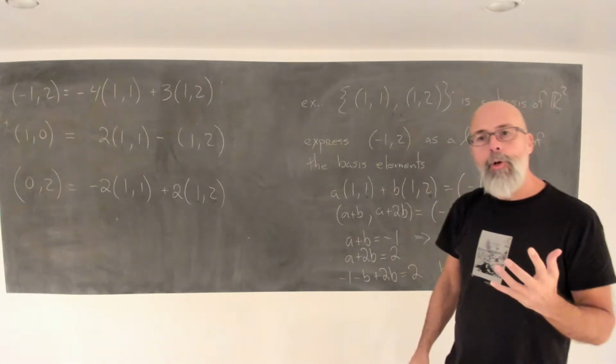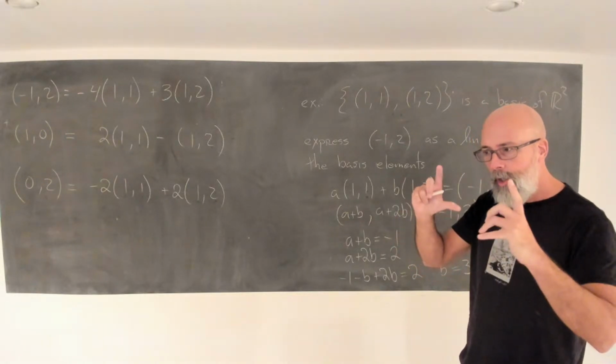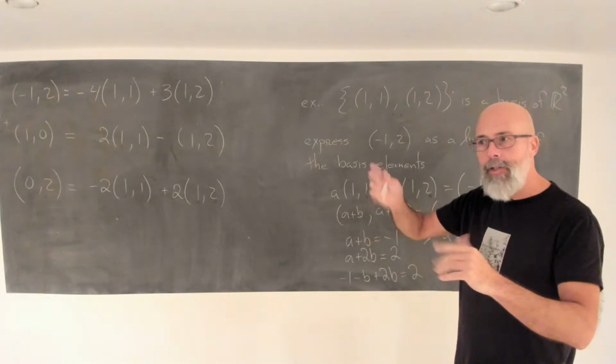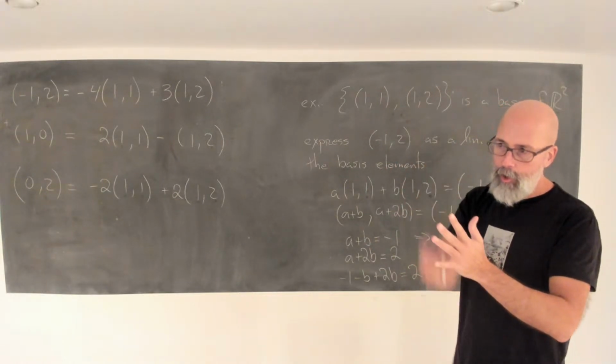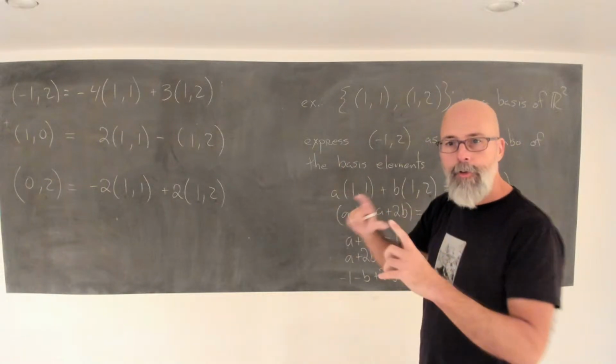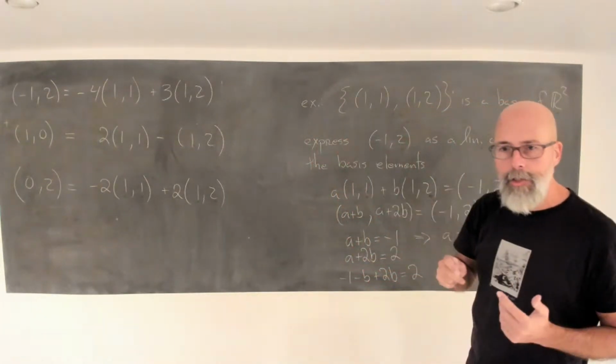So let's introduce a notation. Very much like the matrix, when we set up a matrix, we removed the x's, the y's, and the z's. And we said we were going to reserve the first column for the x's, second column for the y's, third column for the z's, that kind of thing. Let's do the same thing in this case.